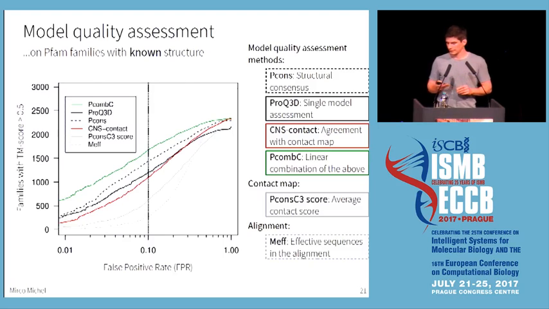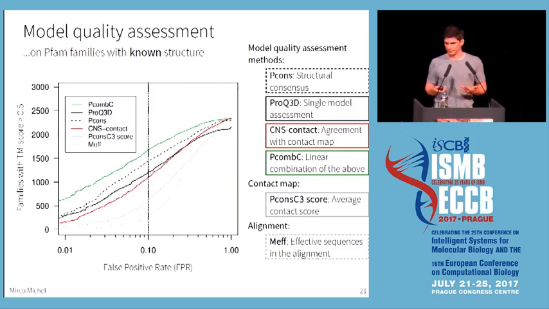The CNS contact score is the output from the structure prediction, so it's how the models are internally ranked, which means it's the energy that you get from how much the model agrees with the input contacts.